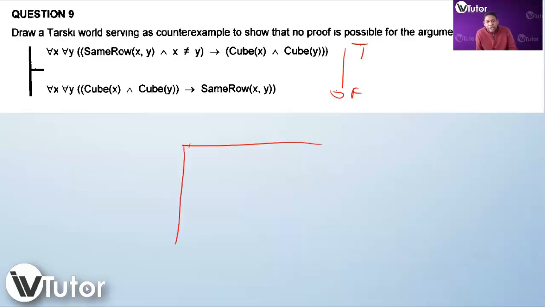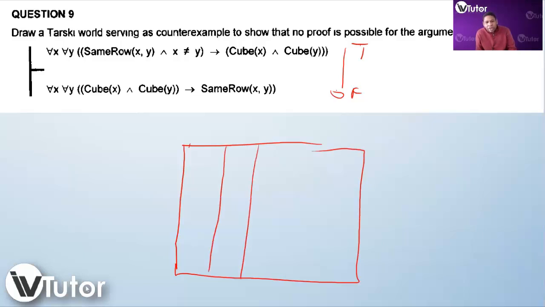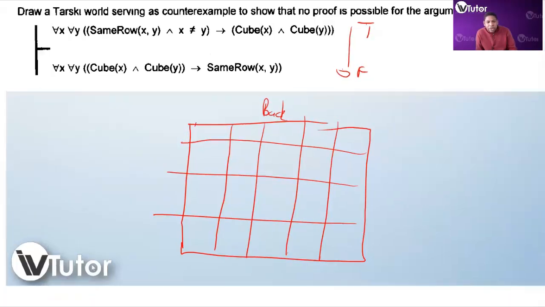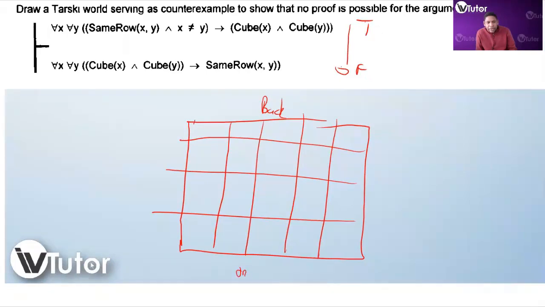So you just draw a task world, something like this, put some rows and some columns in. And remember the notation of the task world: this is back, this is front, and for me this is left, and this is right.